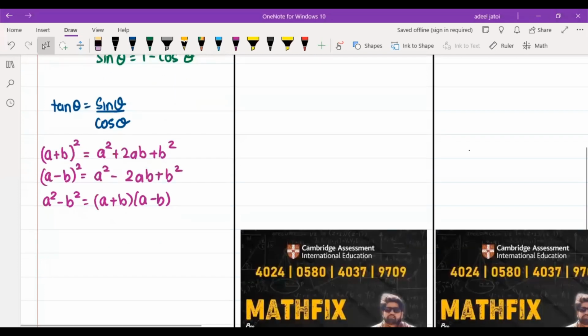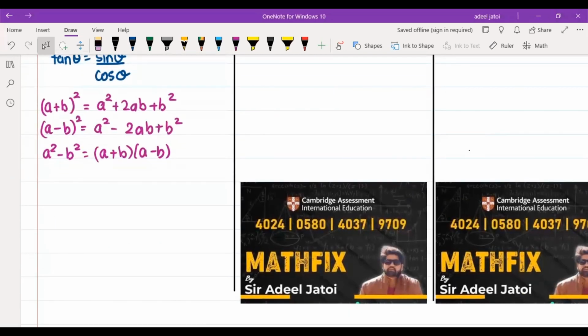You should be well aware that your AS identities and your O-level identities are then mixed and merged in your A2 identities. What actually are identities? It means you can substitute any value in place of the other.